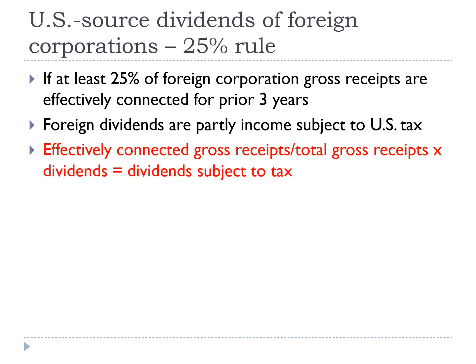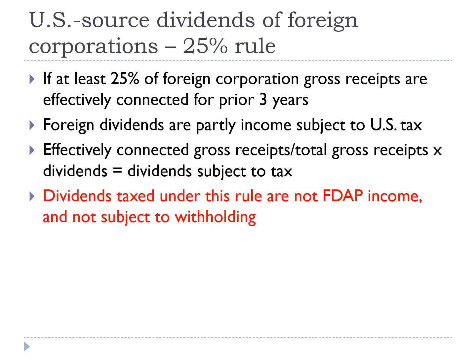When this inclusion rule applies, the taxable dividends are determined by multiplying the total dividends by a fraction, the numerator of which is the corporation's effectively connected gross receipts, and the denominator is all gross receipts. While dividends are treated as U.S. source income under this rule, they are not treated as FDAP income.